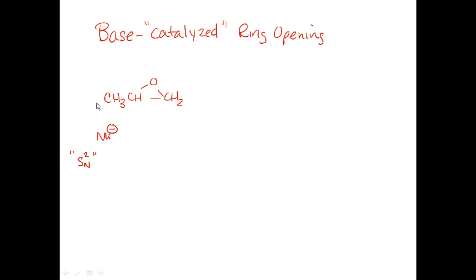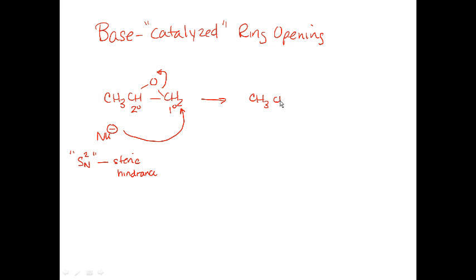And what I mean by SN2 here is that it's going to go with the steric hindrance playing an important role. So in this case, if it's SN2, I have a secondary position versus a primary position. Now the nucleophile is going to come in, attack the least substituted position, the one that's least sterically hindered, break this carbon-oxygen bond and give that pair of electrons to the oxygen.